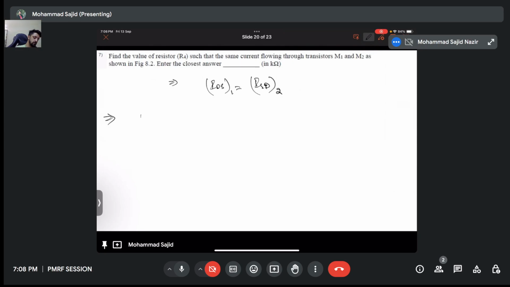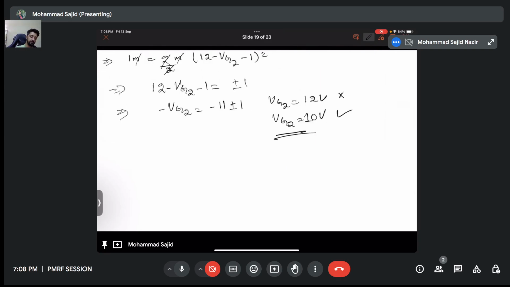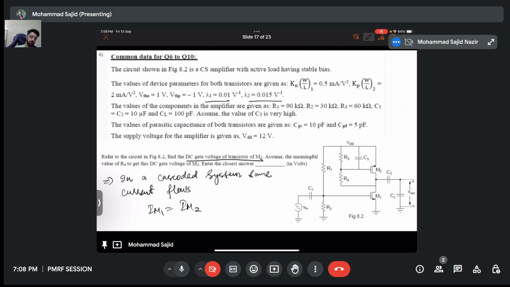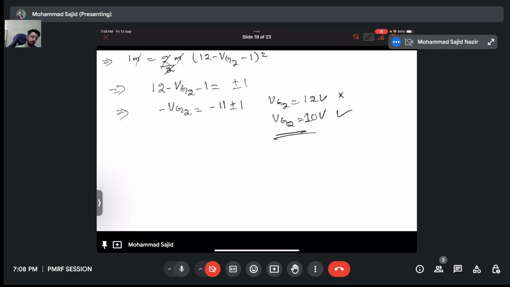So IDS is kW by 2L times VGS1 minus VTHN whole square times 1 plus lambda 1 times VDS. And here VDS is V out. This is VDS for M1 and it's also equivalent to V out.